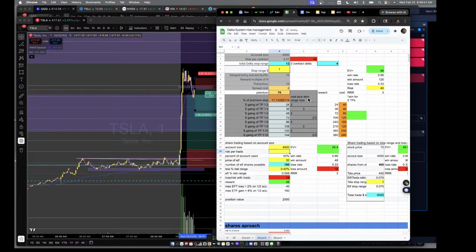That's something I cannot adjust. My risk per trade is 0.5%. Okay, 0.5% is my risk.